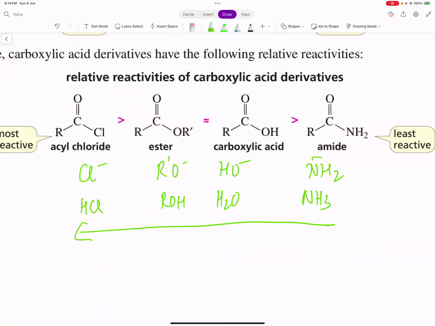This is the order of acidity, right? So if this is the acid order, Cl minus is the weakest base. They are nearly comparable. And this is the strongest base, NH2 minus, because NH3 is the weakest acid. So NH2 minus is a very strong base, right?